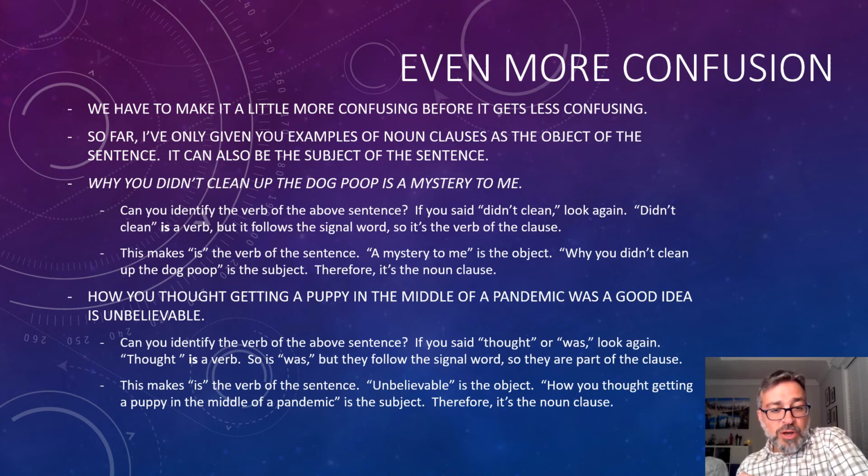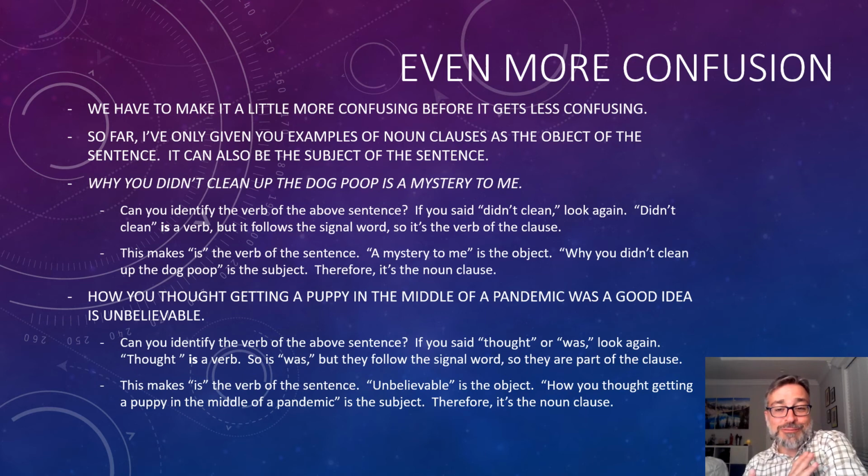Another example: how you thought getting a puppy in the middle of a pandemic was a good idea is unbelievable. Similarly, how is a signal word, so we know that we're dealing with a noun clause. But now you have to find the end of that clause, and it's going to end with a verb.